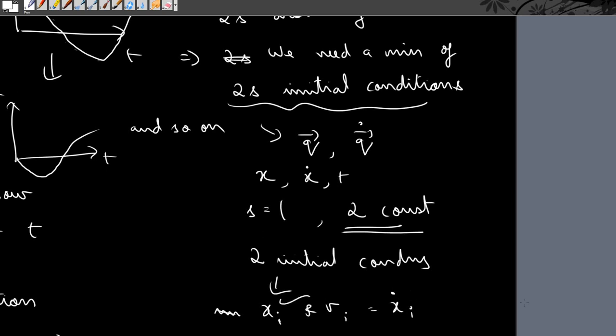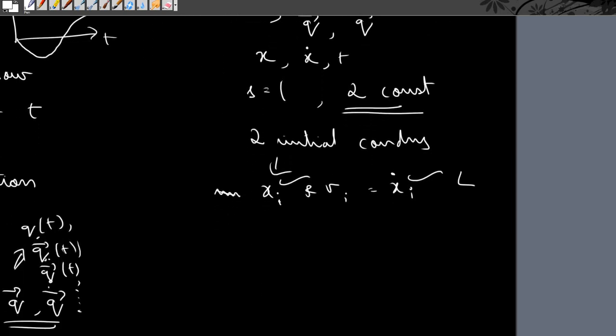So if we know this, and if we know the Lagrangian, we can find the equation of motion and find out what is the trajectory of the particle, or completely characterize the motion of the particle.